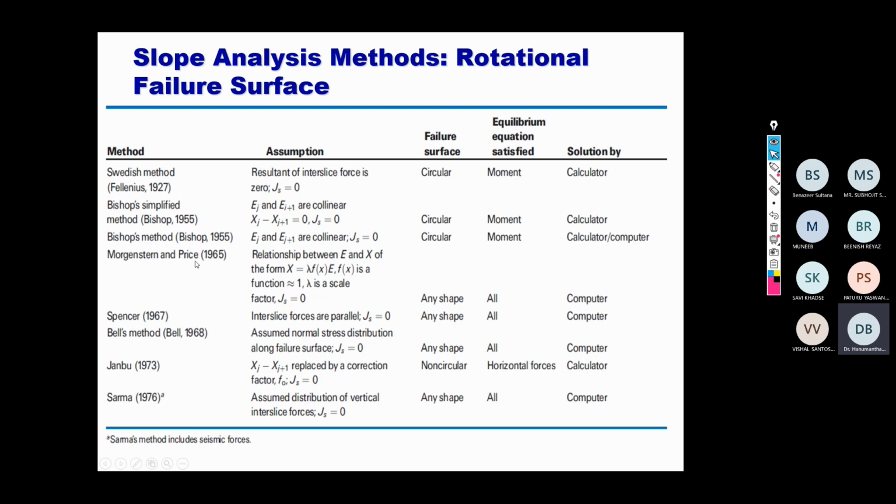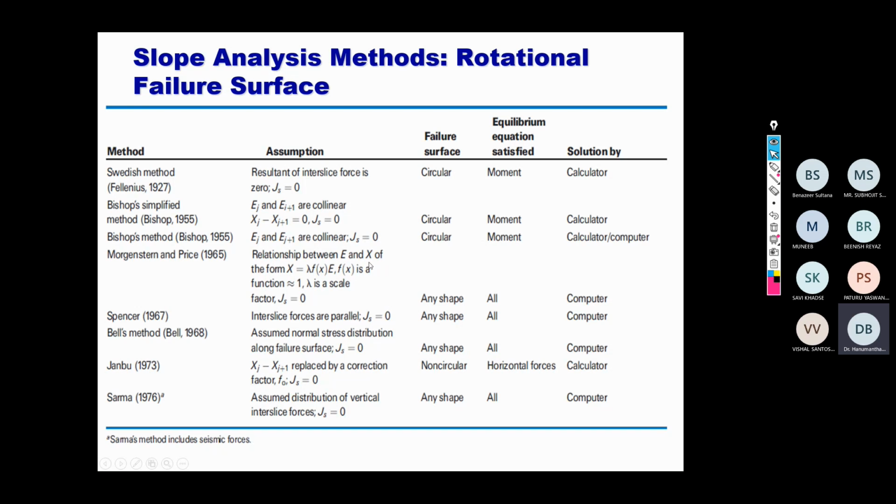On the other hand, if you take Morgenstern and Price, the relationship between E and X, these are interslice forces, E and X, is of a form where he has developed one relationship, or given one mathematical function, between the interslice forces, vertical and horizontal.